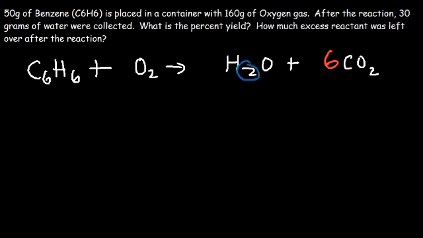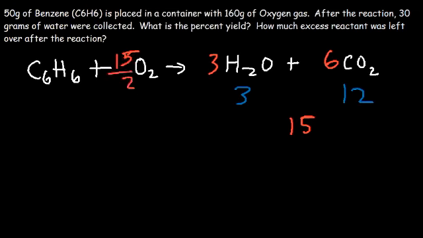So 6 divided by 2 is 3. Now notice that we have an odd number of oxygen atoms on the right side. We have 3 from the 3 H2O molecules and 12 from the 6 CO2 molecules, since 6 times 2 is 12. So 15 divided by 2 is a fraction. It's going to be 15 over 2.